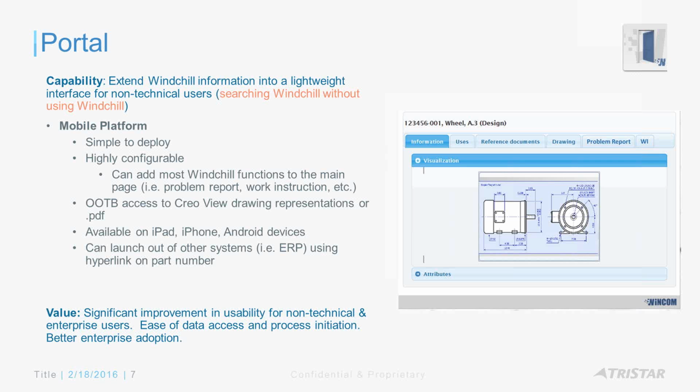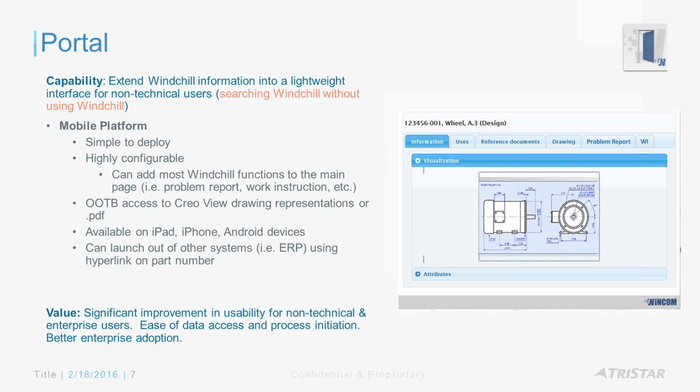These apps are not creating any information. They're not storing any information outside of Windchill. Now, they can aggregate information. They can pull information from other systems like downstream ERP, MRP systems, or other databases, but they're not in themselves creating anything new. So they're mostly read-only.